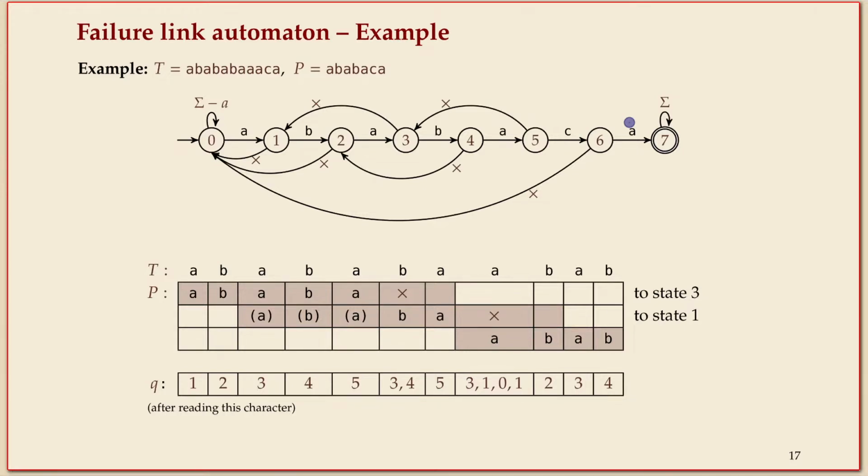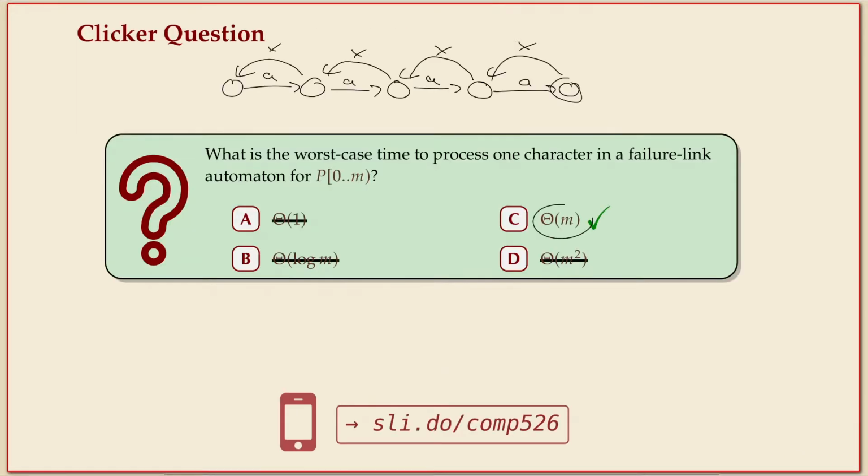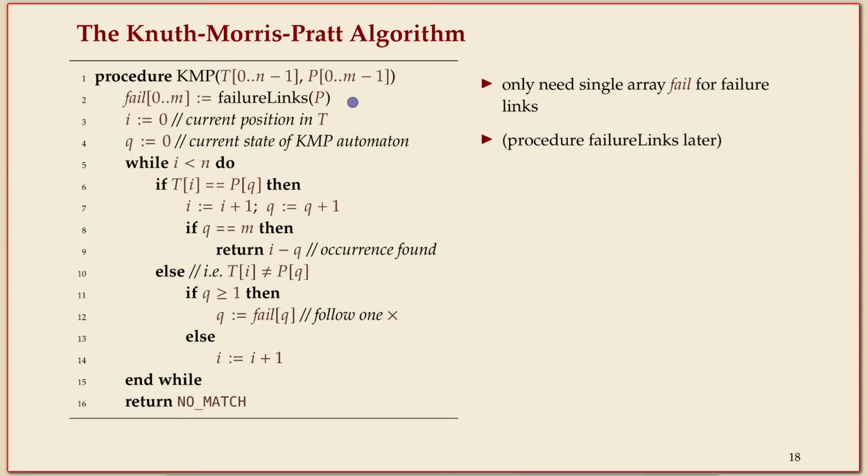So all I need to store about this automaton is the failure links. So there's a function to compute those. Let's ignore it for now. And then we have an array of the failure links, which is just the target of these arrows. For a state Q, fail Q is the target of the failure link.